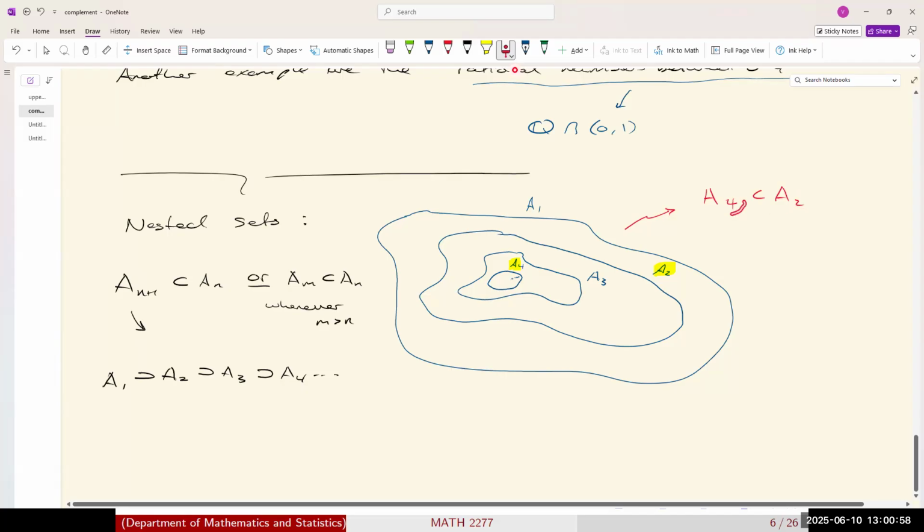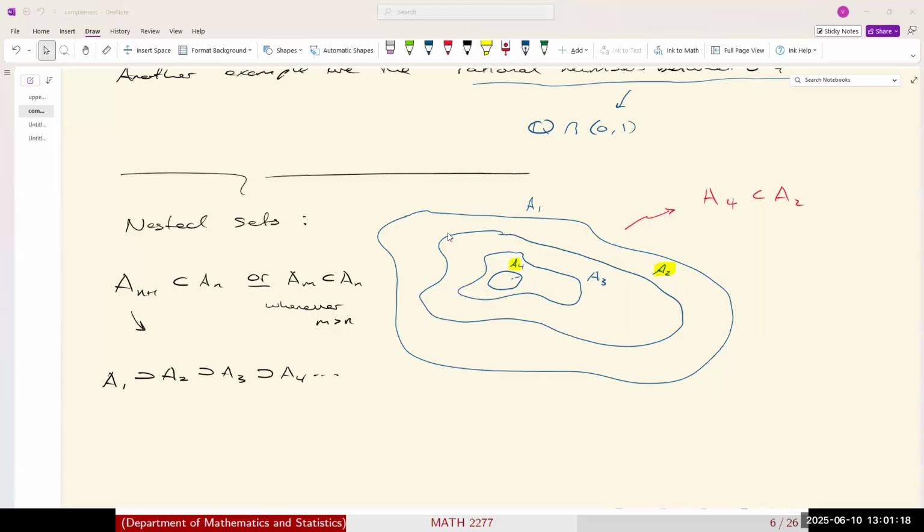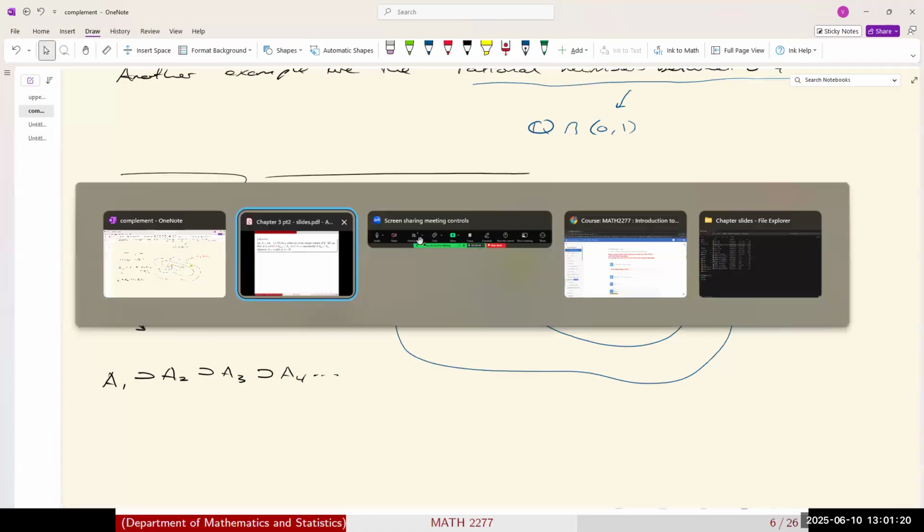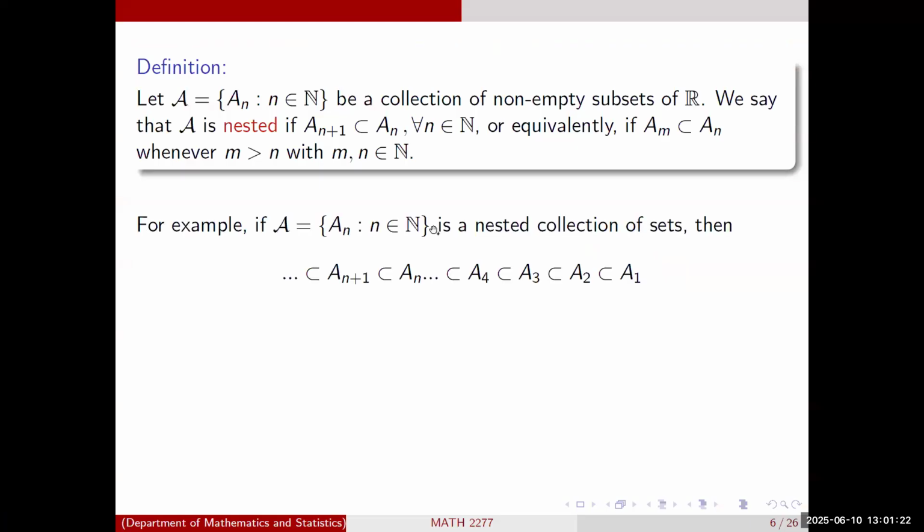In other words, the set with the higher number is contained in the set with a lower number. So you could either choose to write it like this, or like this, whenever m is bigger than n. So that's what that part is saying.